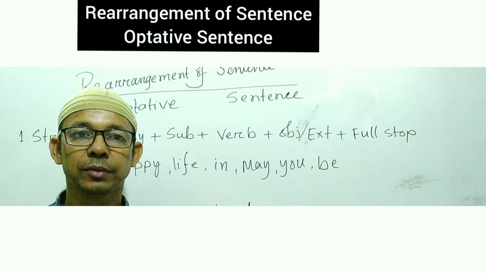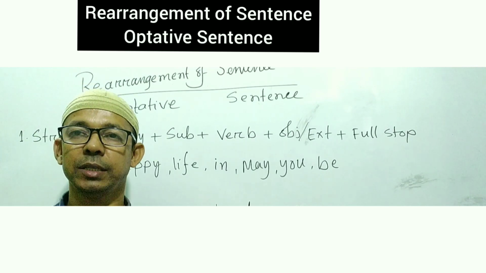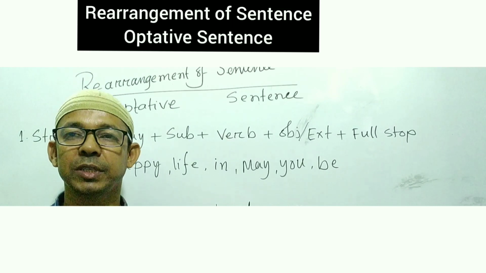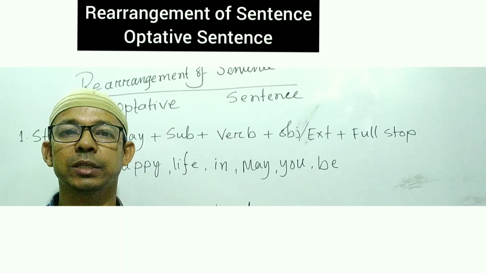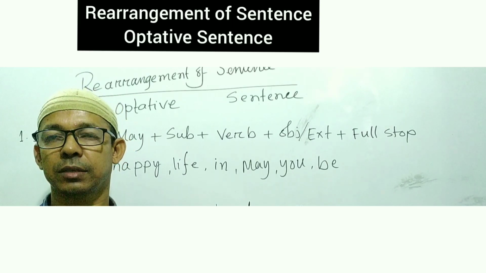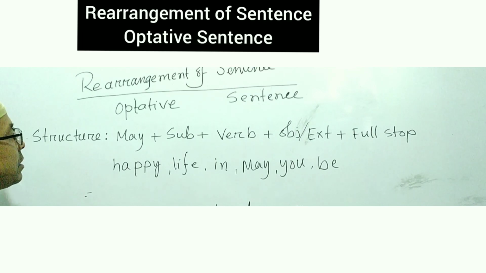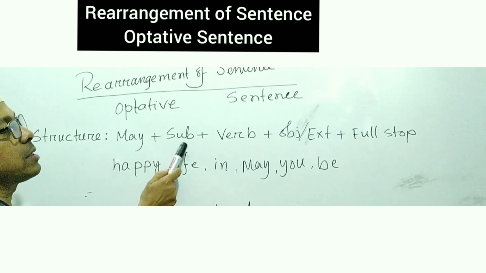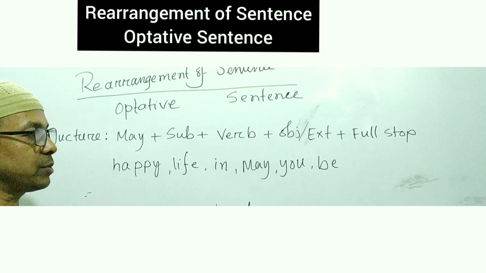My dear student, now the optative sentence. An optative sentence is a sentence which expresses the speaker's wish, prayer or blessings. So the structure will be like this: may, then subject, verb, object or extension, and at last a full stop should be given.